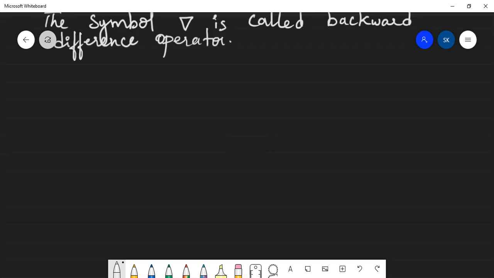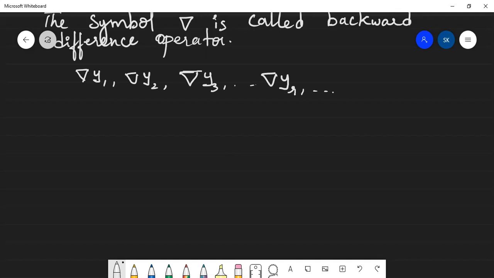I have written the general term. Fine. Delta R is written. Now the second backward differences. I'll write here forward delta y1, forward delta y2, backward delta y1, backward delta y2, backward delta y3, and so on, backward delta yr, and so on.